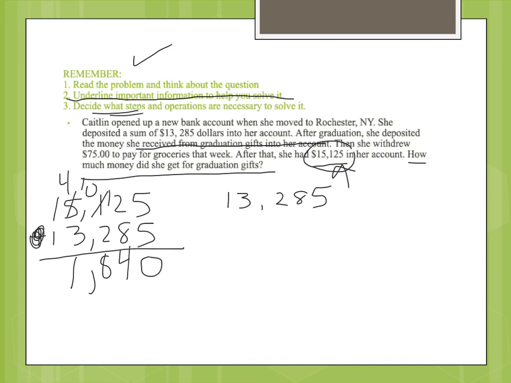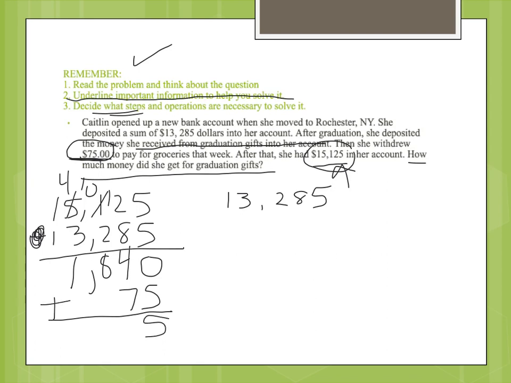But there's one fact over here that we need to remember. She took away $75 for her groceries. So what we need to do is add that $75 back to this amount to figure out how much money she had altogether before she deducted that 75.